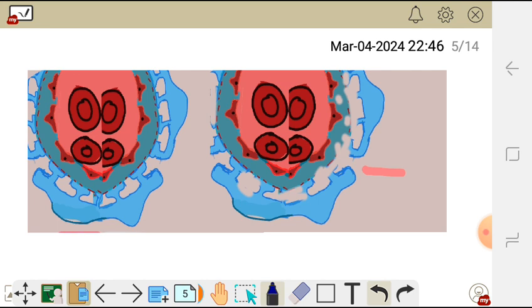So for anything to be filtered in the glomerulus of the kidney, it has to pass through three layers, which are the endothelial cell layer, followed by the glomerular basement membrane, and the slits, which are formed by the foot processes of the podocytes.